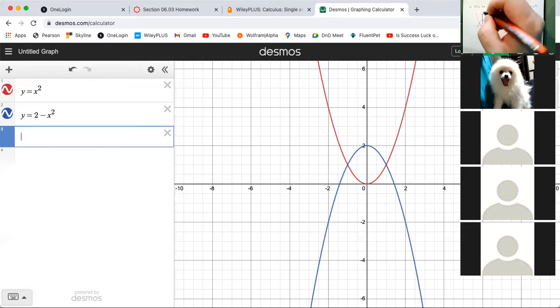So the first thing we'll notice is that since these are both polynomials, their antiderivatives are going to be polynomials. And when we plug in our integers, wherever these intersections are, we're going to get a rational number.